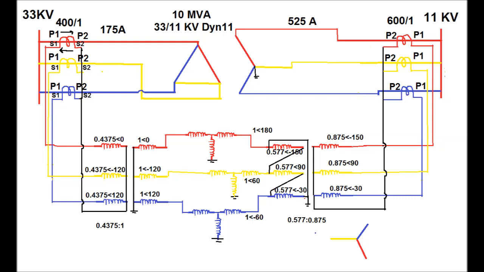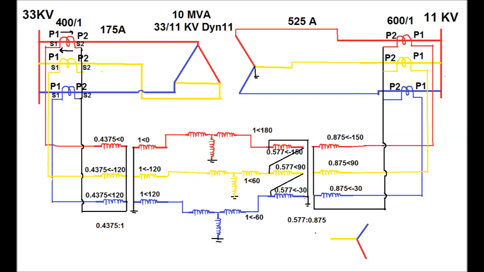Again for the LV side, as the full load current is 525 ampere, the secondary current shall be 0.875 at an angle of minus 150 degree for red phase. Now the question is why the current is 0.875 at an angle of minus 150 degree. Since it is a Dy11 type, there will be a phase shift of plus 30 degree.